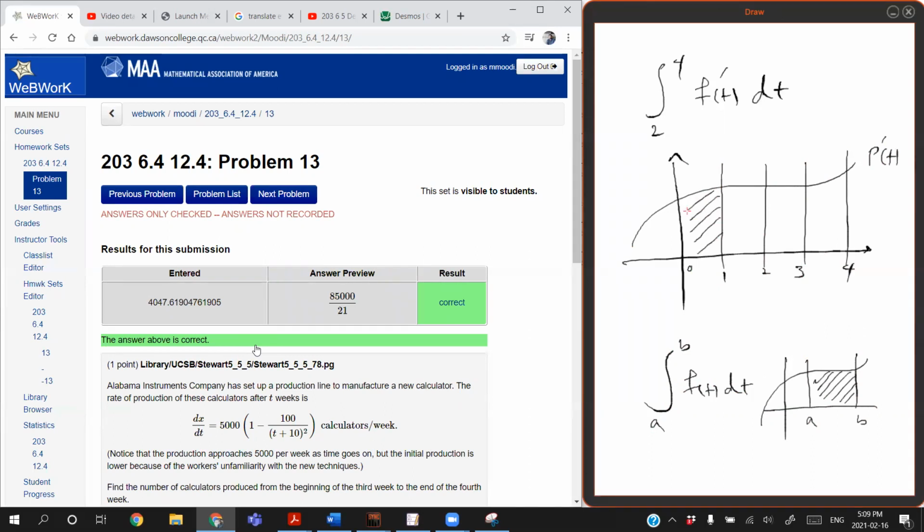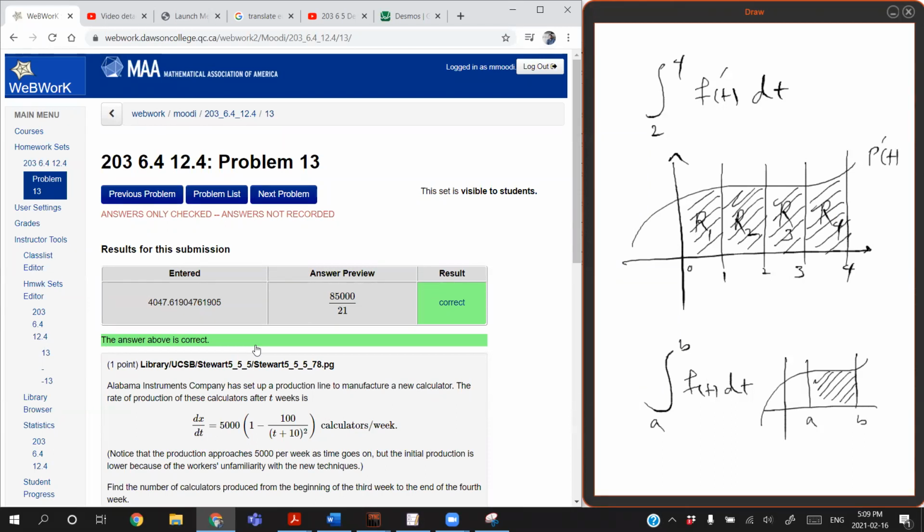This region here, the area of that region is the number of items produced, or the amount of production during the first week. This one is the amount of production, or the number of items produced during the second week. Region 2 represents the second week. Region 3 represents the third week. Region 4 represents the fourth week, and so on.